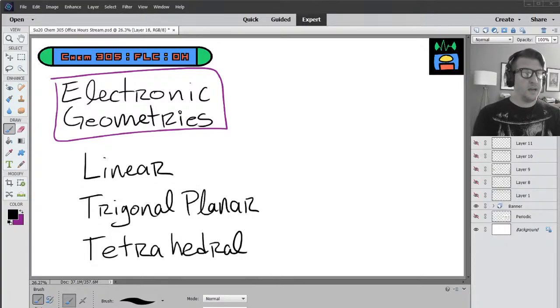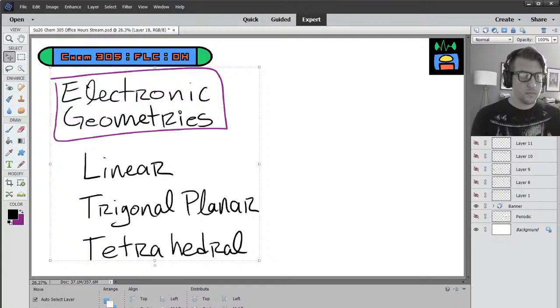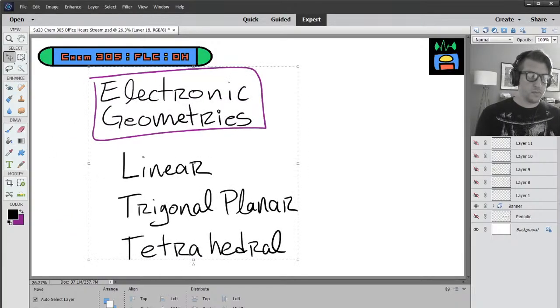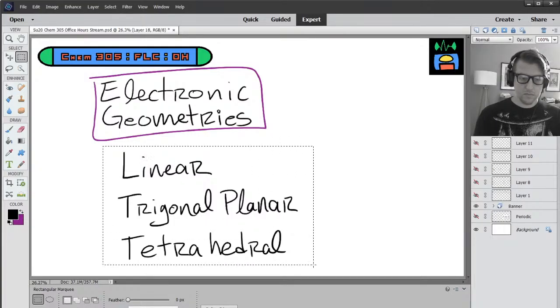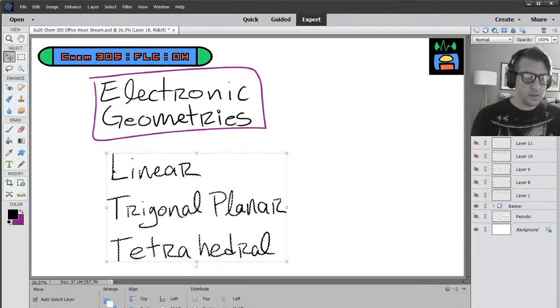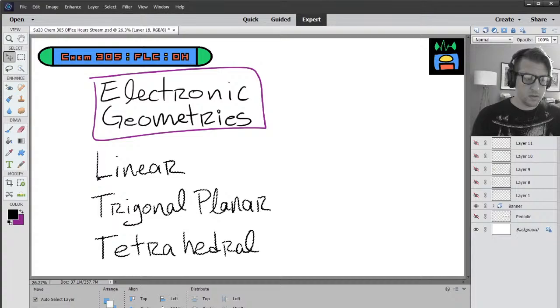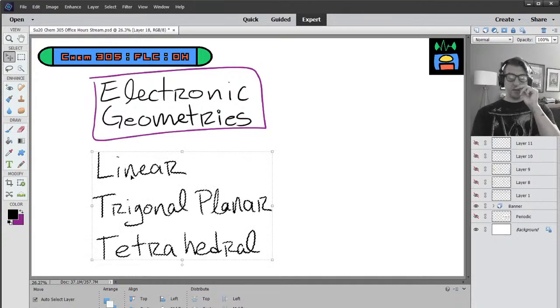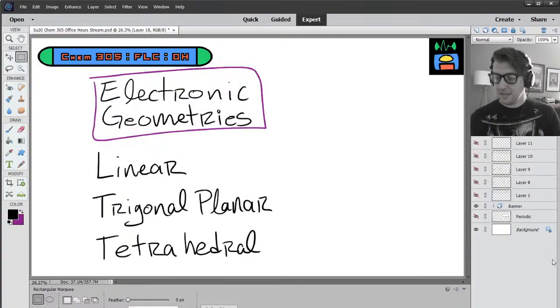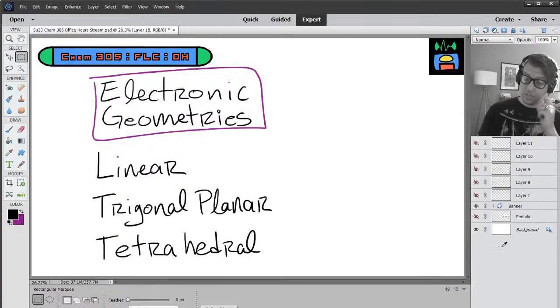All right. I'm just going to restructure this. There we go. And what determines the electronic geometry is the number of electron groups around your central atom.